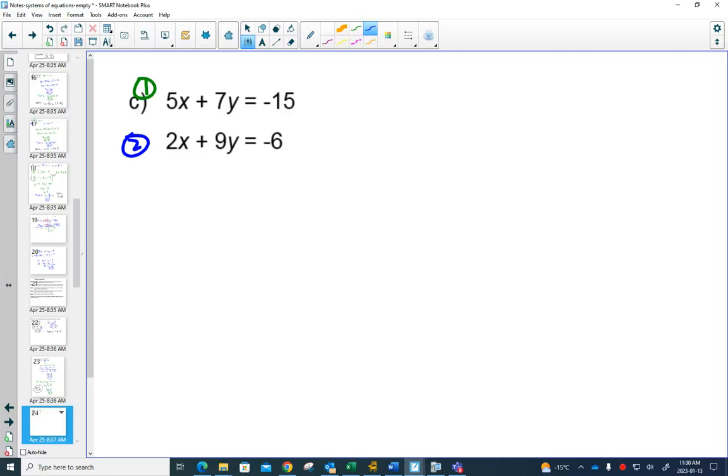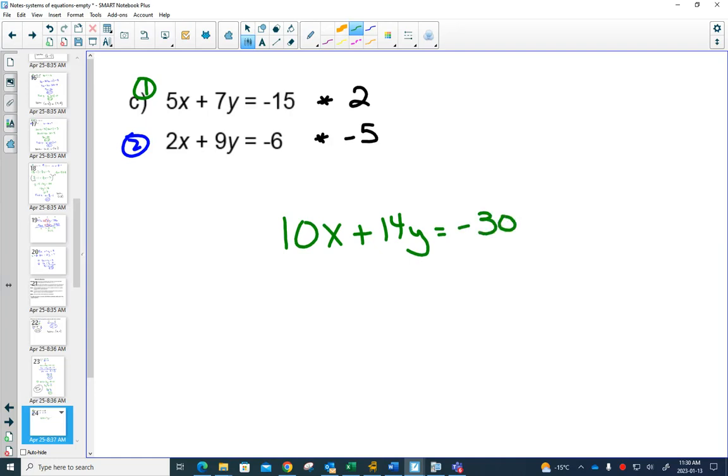I'm going to multiply by 2, and this one by negative 5. So then I can rewrite equation 1. It will now be 10x plus 14y equals negative 30. And equation 2 will be negative 10x minus 45y equals positive 30. Ooh.